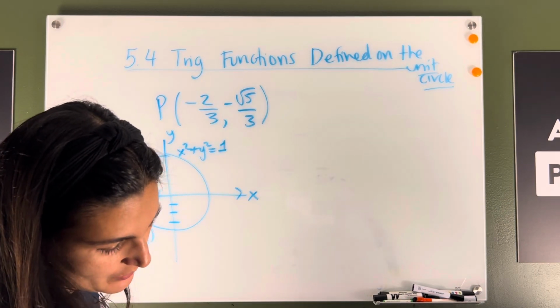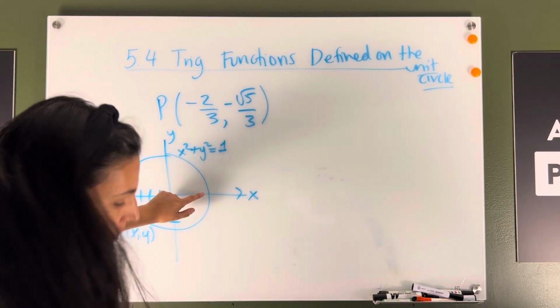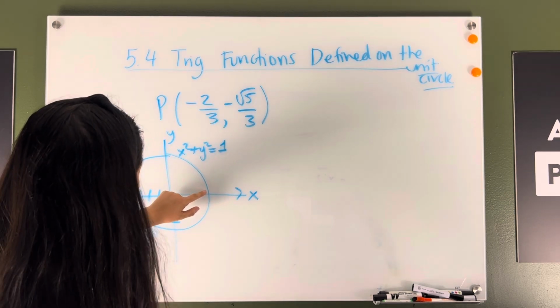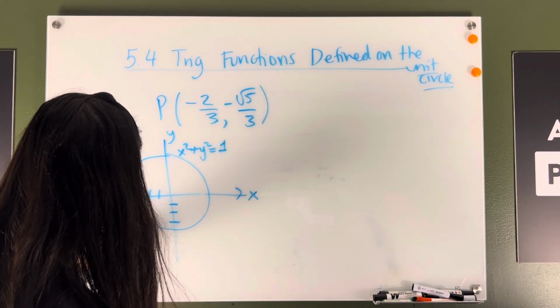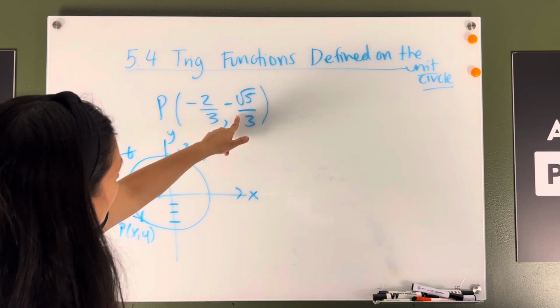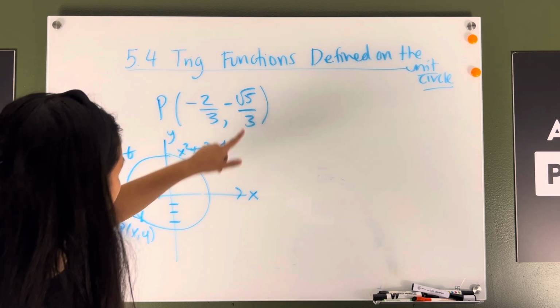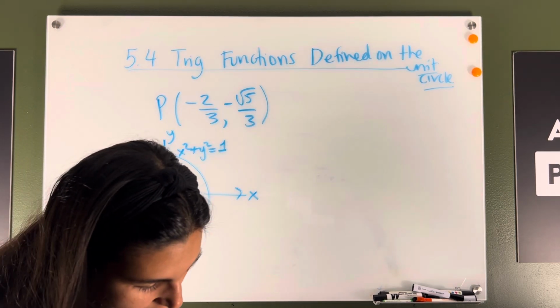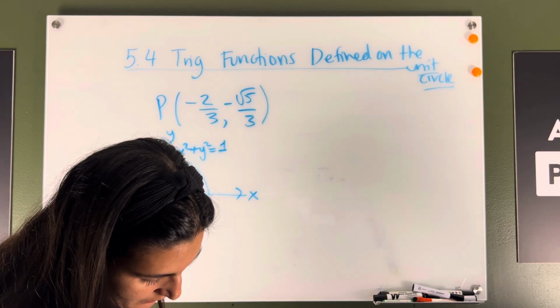Okay, so suppose that the real number t, which is starting from the initial side right here, the x-axis, all the way to the point -2/3, negative square root of 5/3. On the unit circle, evaluate the trig functions.